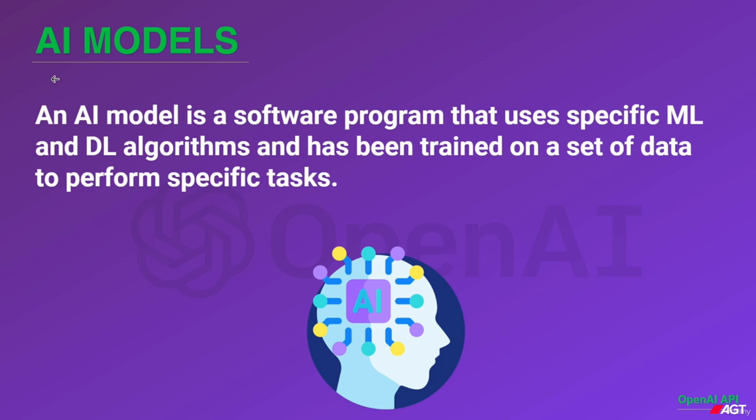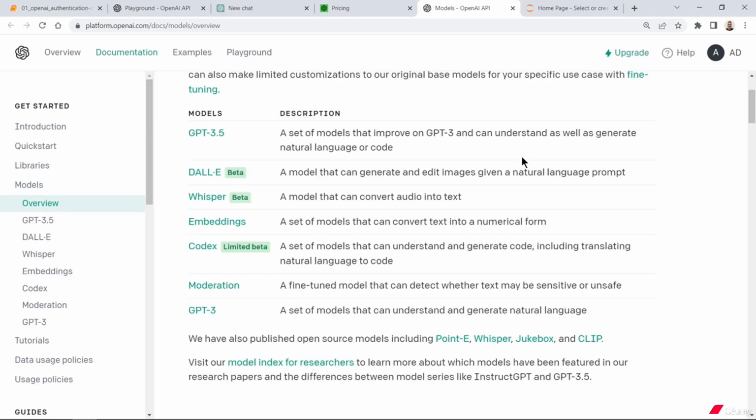AI models use machine learning and deep learning algorithms to learn from the training and apply that learning to achieve specific predefined objectives. The OpenAI API has access to a family of models, each with different capabilities. Note that you can also customize the models offered by OpenAI for specific use cases, and this is called model fine-tuning.